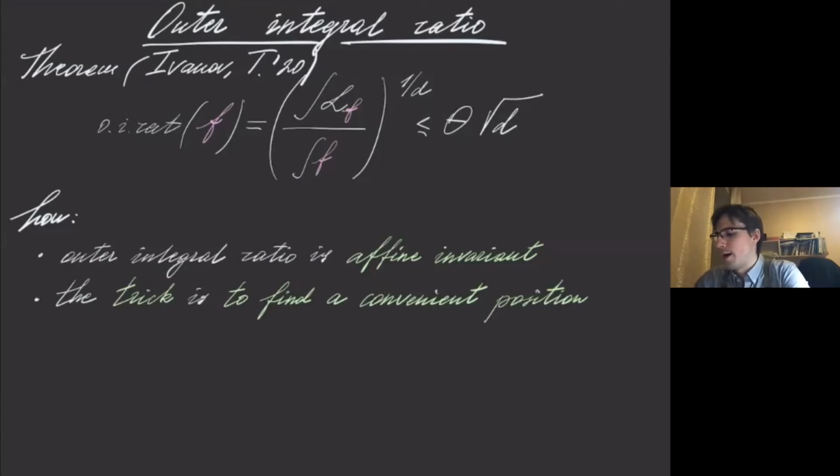By affine invariance, I mean that this ratio does not change under affine change of coordinates and scaling of your function f. Well, this is clear from the definition of the Löwner function. So the trick is to find a convenient position for your function f.